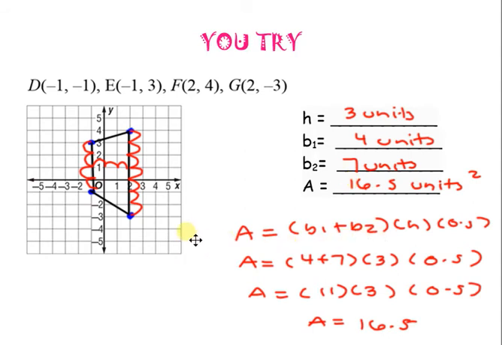Alright, so for this one right here, once you plotted it, it was a trapezoid that was sideways. So your height was 3 units, your base to the left was 4 units, and your base to the right was 7 units. When you plugged all that in, you should have gotten 16.5 units squared.